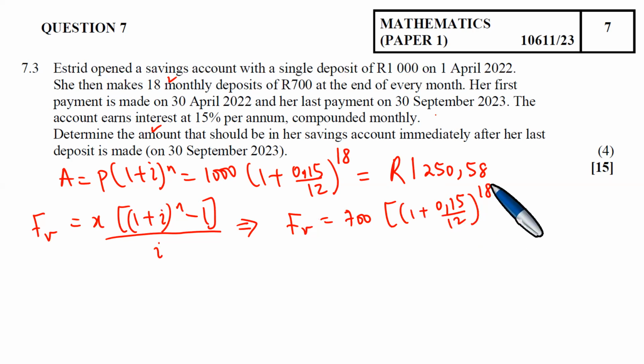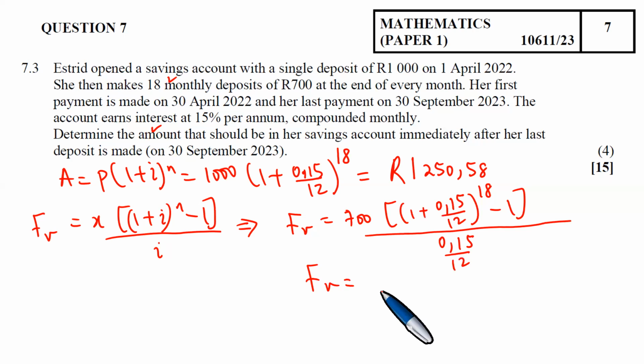There are 18 of these, because she makes 18 monthly deposits, 18 times. So just put the 18 here. So you divide by the i, but we agree that the i at this point is 0.15 divided by 12.